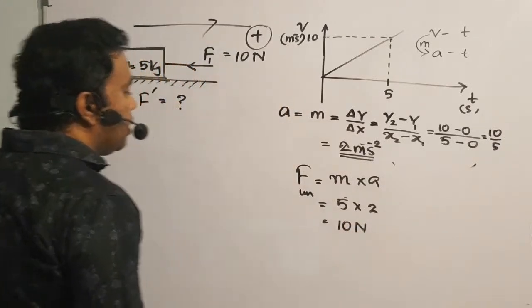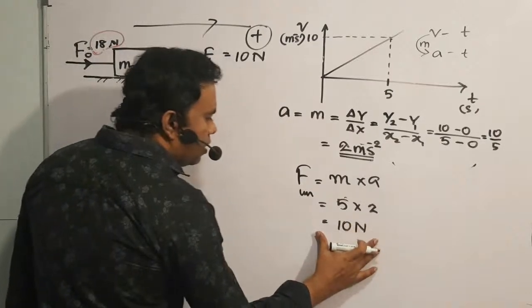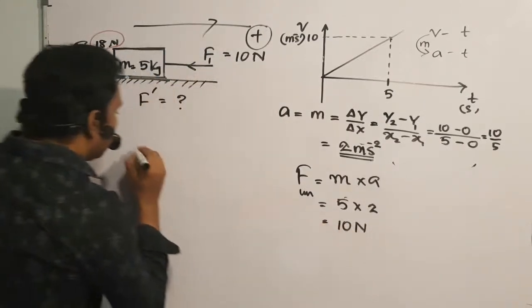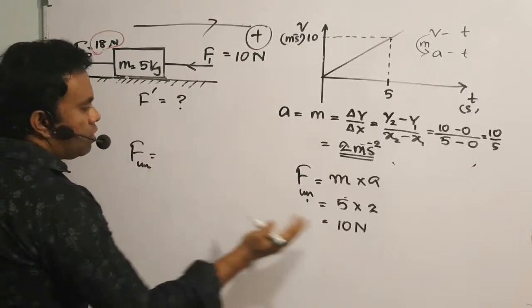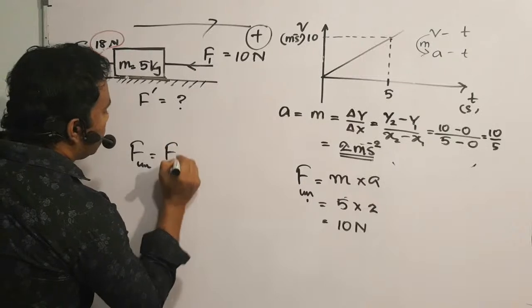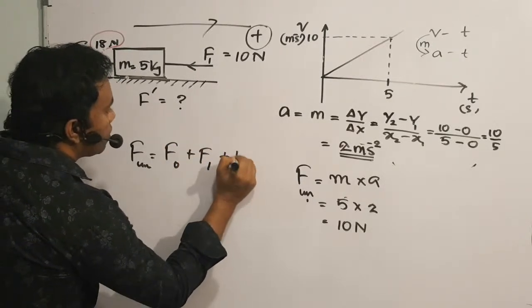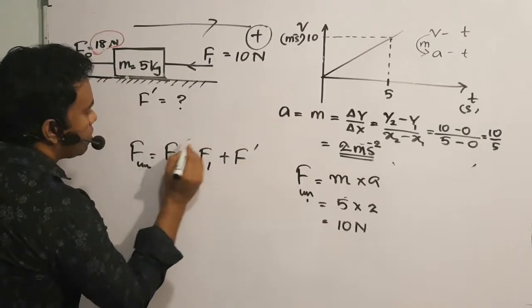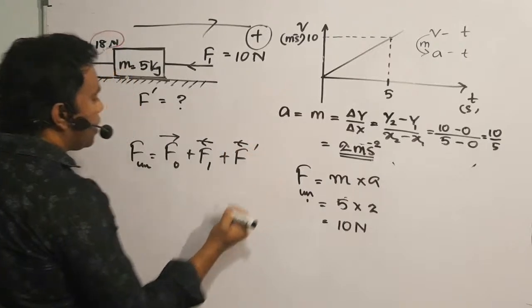External unbalanced force is 10 newtons. F unbalanced 10 equals F naught plus F1 plus F dash. So this is to the forward direction and both of the others to the negative direction.